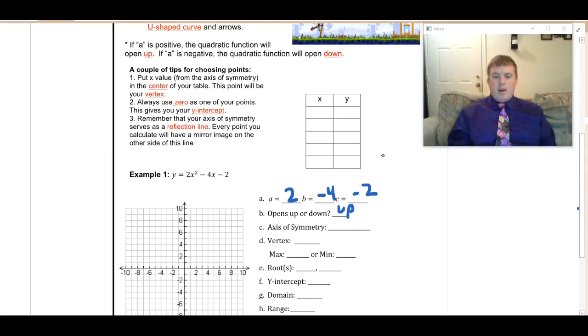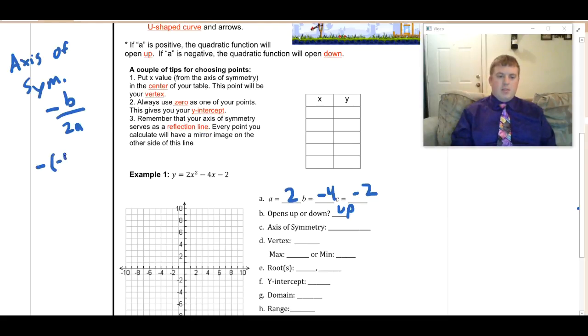What we need to do now is find our axis of symmetry. Now remember, for the axis of symmetry, we need to do negative b over 2a. In this case, it's negative negative 4 over 2 times 2.